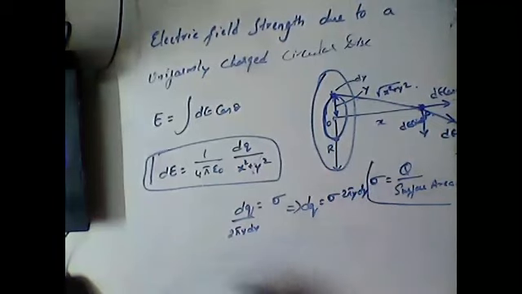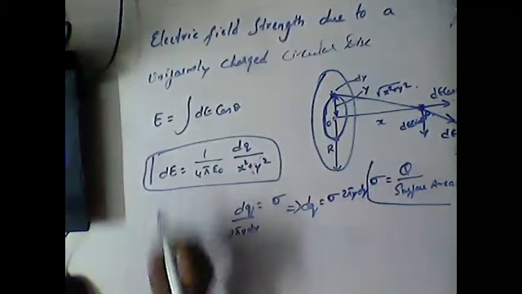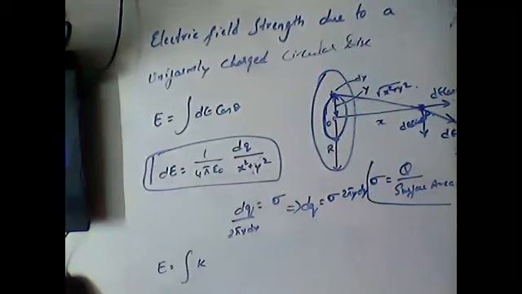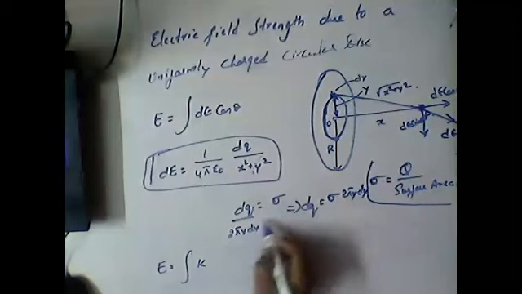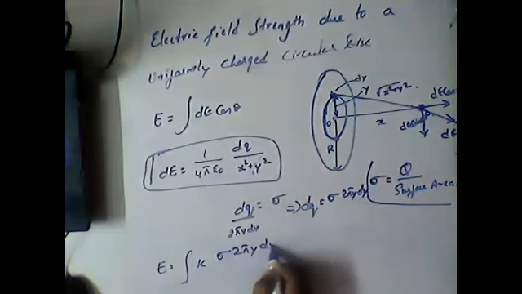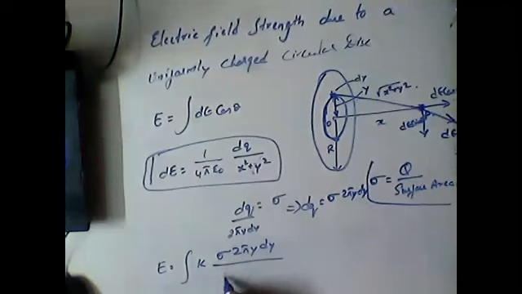Keep it aside. Now E is the integration of k into sigma 2 pi y dy by x square plus y square, multiplied by cos theta.